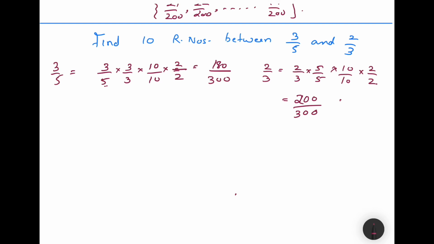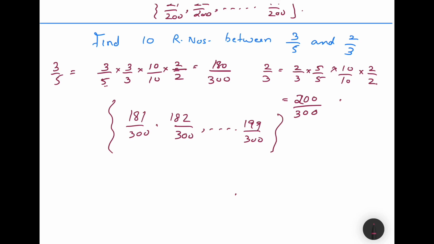Now you can select any 10 rational numbers. So 181 by 300, 182 by 300, and so on till 199 by 300. Select any 10 numbers.